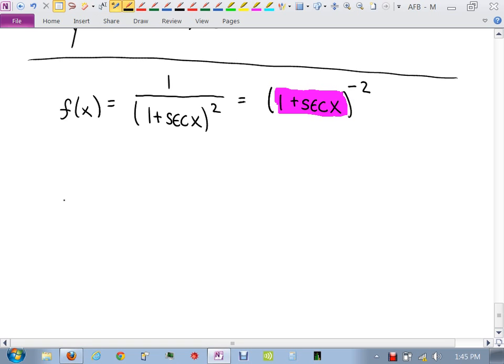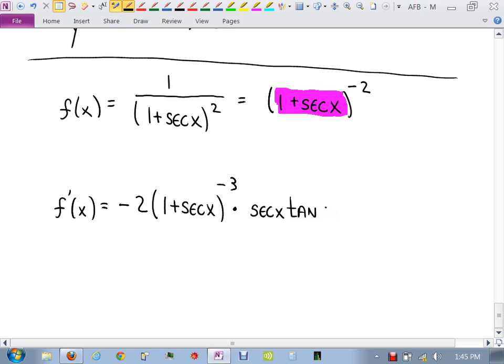So the derivative of this would be, what's the derivative of purple to the negative 2? Negative 2 purple to the negative 3, then times the derivative of what the purple is. The derivative of 1 is 0, so you don't have to worry about that.